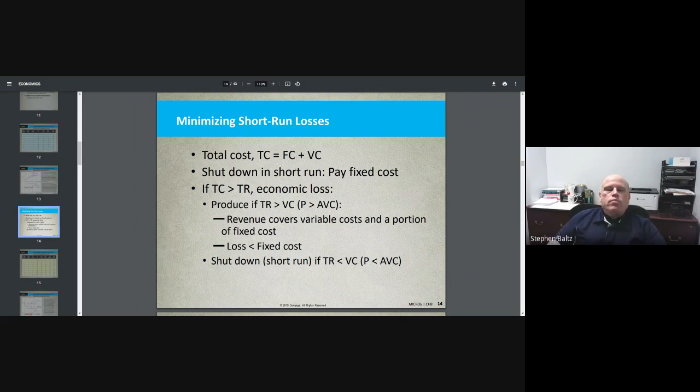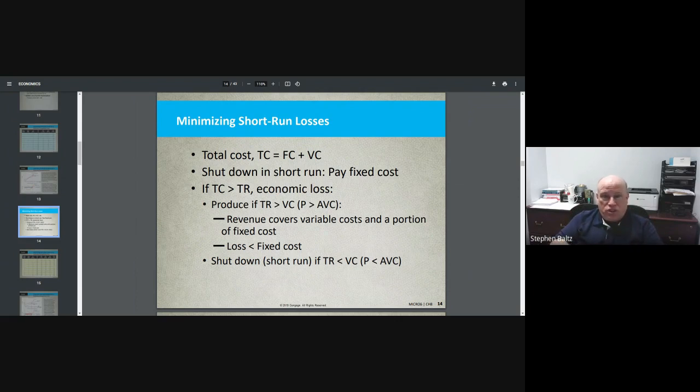All right. Now, a firm facing a loss in the short run in perfect competition will go ahead and shut down temporarily in the short run if total revenue is less than variable cost, or the price is less than your average variable cost, because at that point, it's just going to be better to shut down.